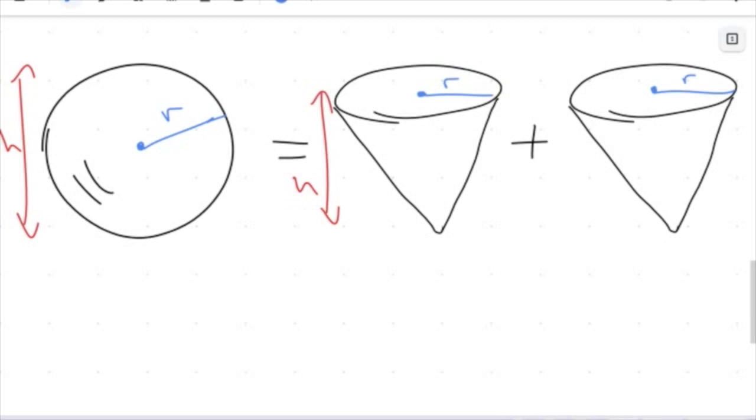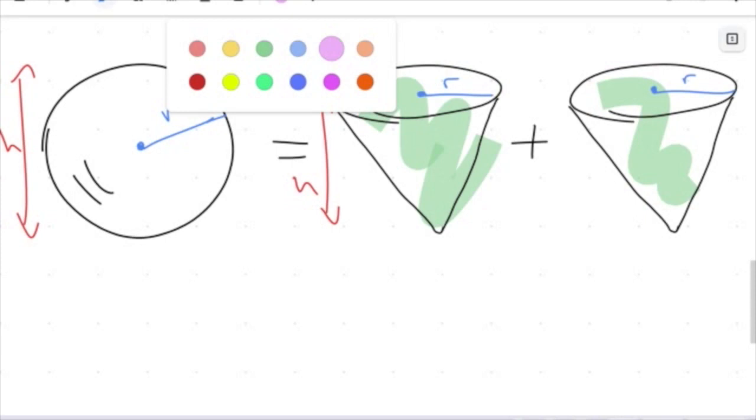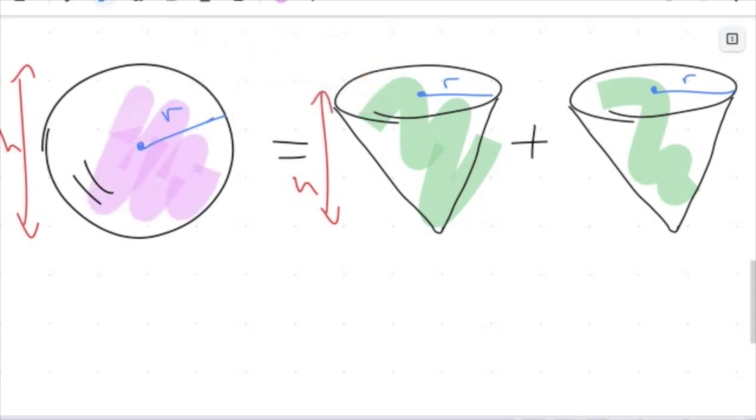Now, we can prove this in the exact same way. I know that if I put 2 cones, if I fill those with water, it will fill out the space. So the space in here will fill out the space in my sphere perfectly, if these are the same radius and height.